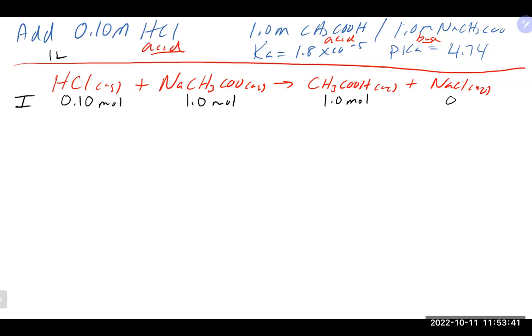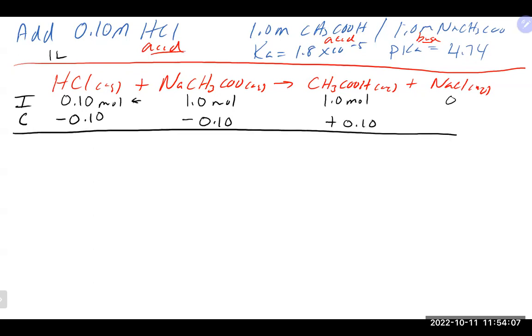So unlike using X's, we actually know what the change is going to be here. The change should be really the HCl. It is like the limiting reagent. Yes, there's less of it, right? So the change here is going to be the moles of the acid. That would be minus 0.1, minus 0.1, and plus 0.1 here.